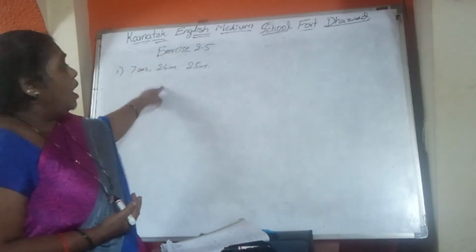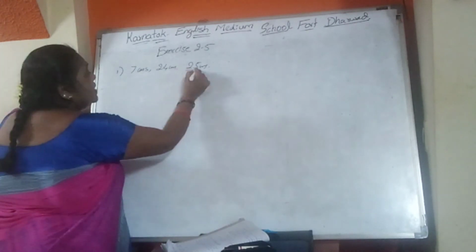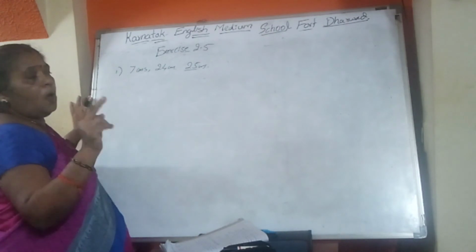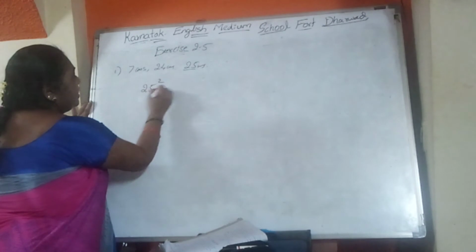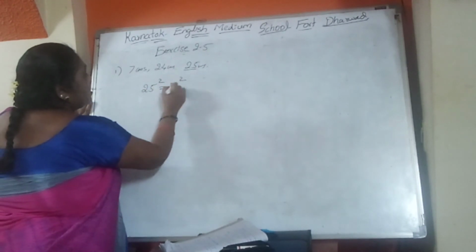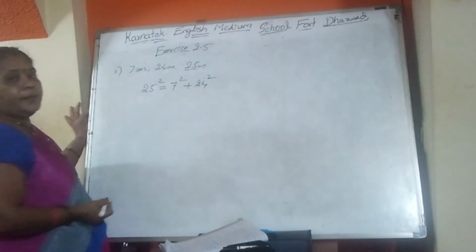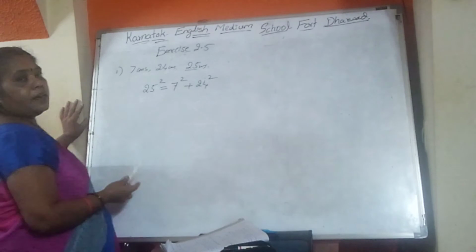How? Check which is the longest side. You already learned the hypotenuse is the longest. Means 25 square should equal 7 square plus 24 square. These two are smaller, and this one is bigger.